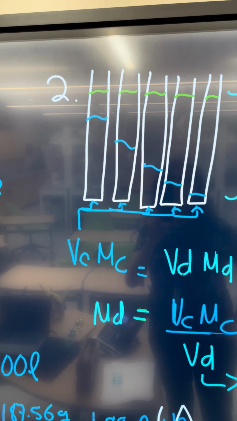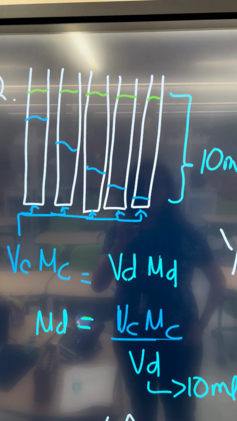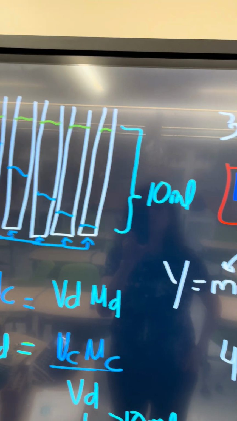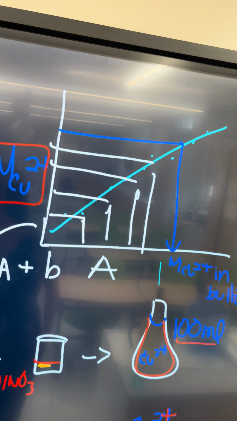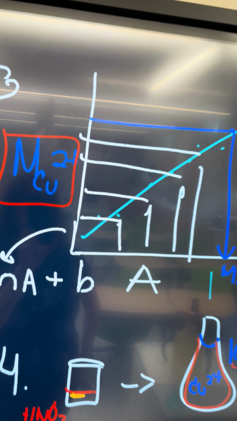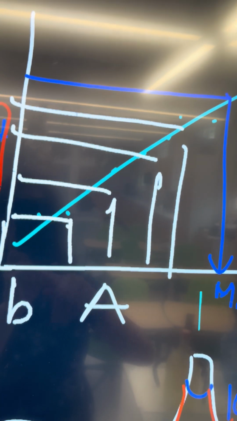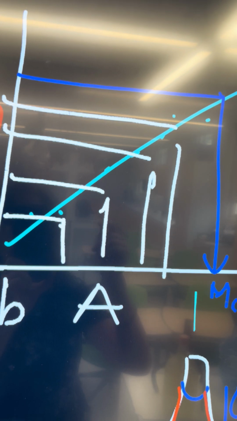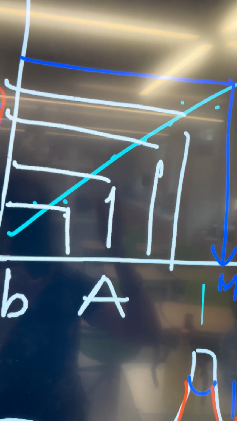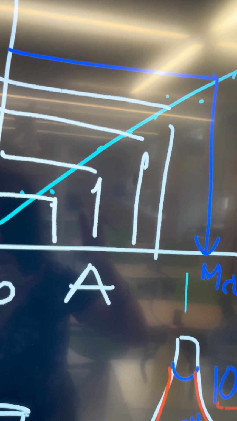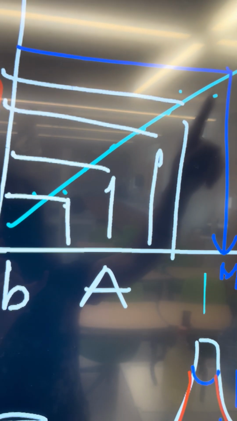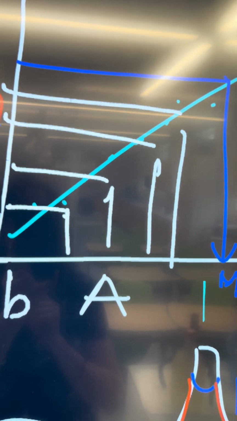Now, for the second step, we're gonna do dilutions. Why? Because we need a graph of molarity versus absorbance, so different known molarities, and see what the spectrophotometer gives us for absorbances, so that we can make a line and continue with our process.